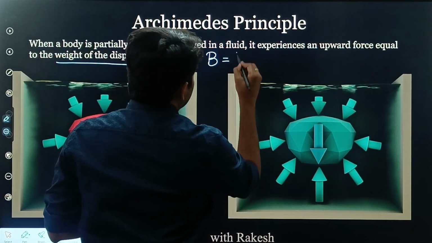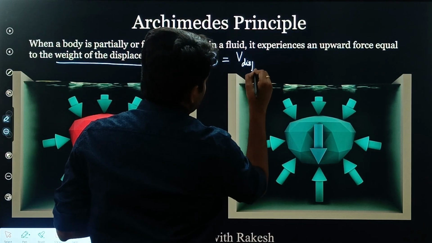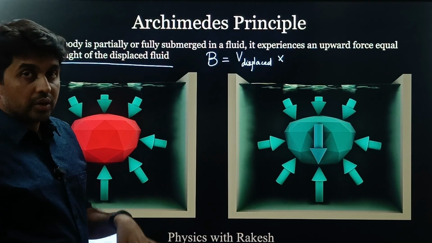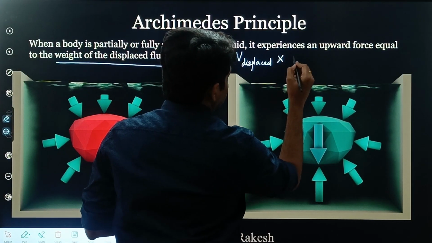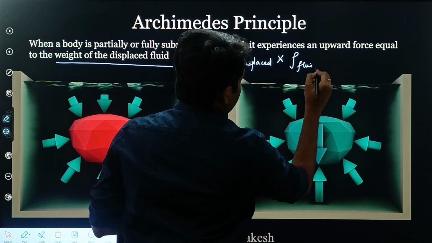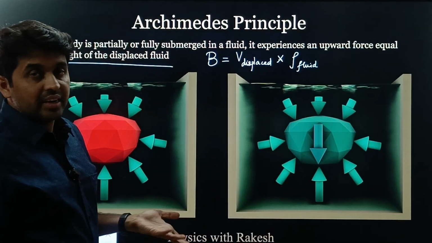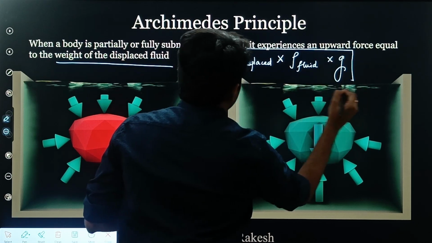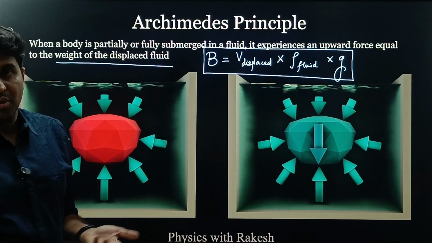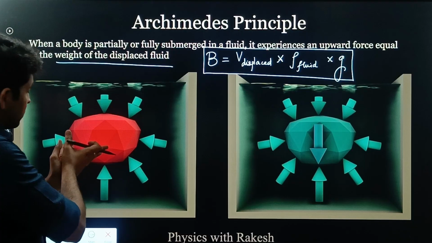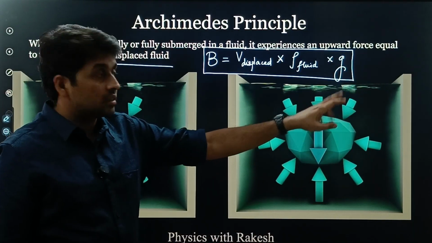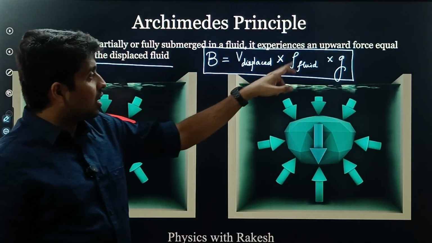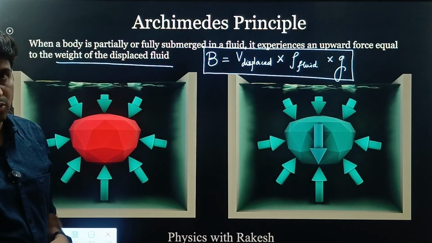So volume displaced, into density of fluid, into g. That is nothing but the buoyant force: volume displaced, density of fluid, into g. So I hope we are clear why the formula V rho g has come for buoyant force.